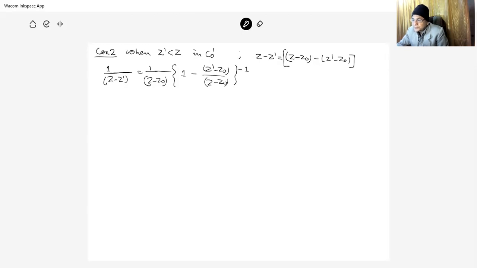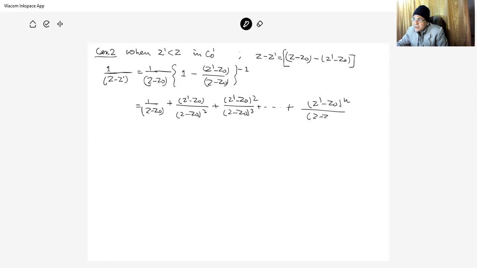If we expand, the first term is 1 upon z minus z0, the second term is (z dash minus z0) upon (z minus z0) whole square, the third term is (z dash minus z0) whole square upon (z minus z0) cube, and so on up to (z dash minus z0) to the power n upon (z minus z0) to the power n plus 1.